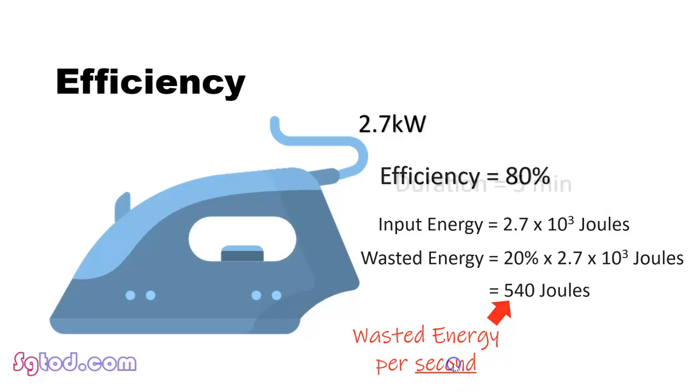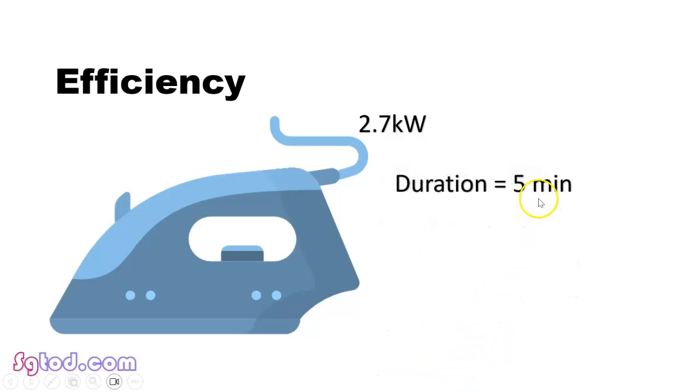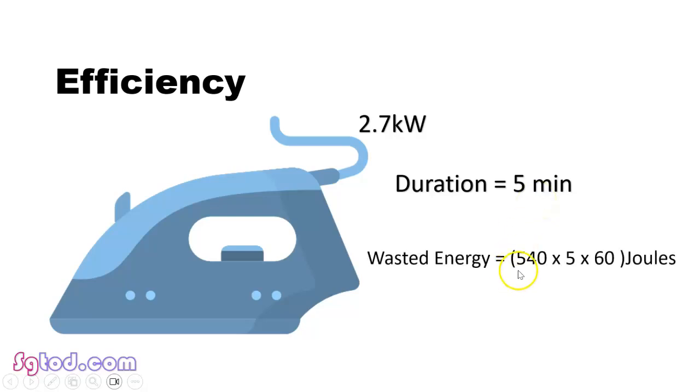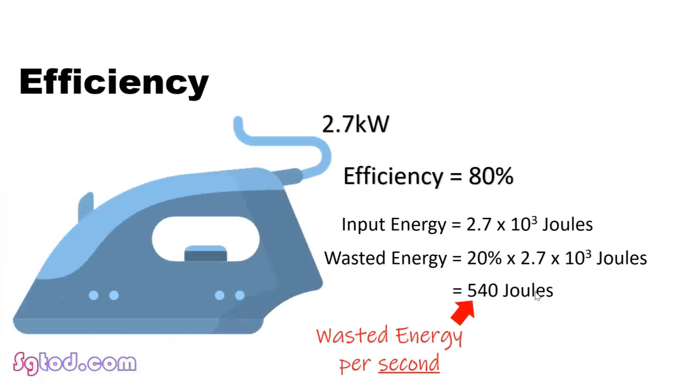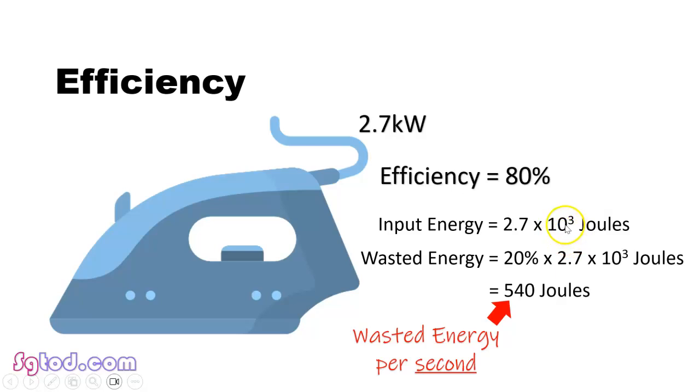If the appliance is in operation for say 5 minutes, then the amount of wasted energy will be 540 joules times the duration of 5 minutes times 60, because we need to convert it to seconds using SI unit. When you are doing your calculation, remember to always work using SI units. This is why we multiply by 10 to the power of 3 to convert kilojoules to joules.